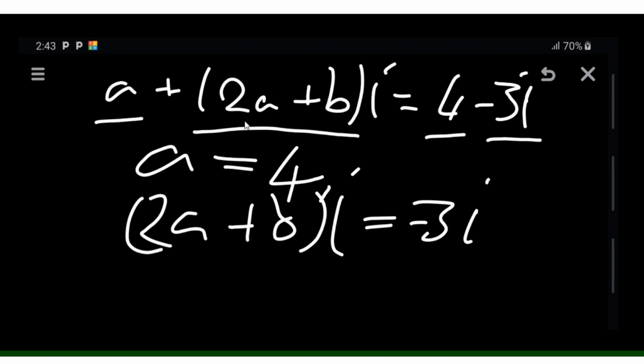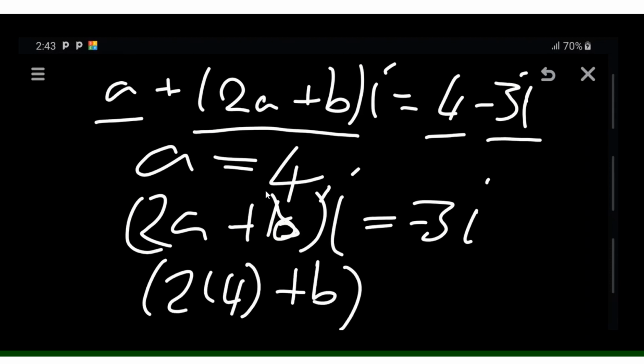In fact there's a negative there, don't forget. So what you do is place the 4 here and multiply: 4 times (2 plus b) i is equal to minus 3i.